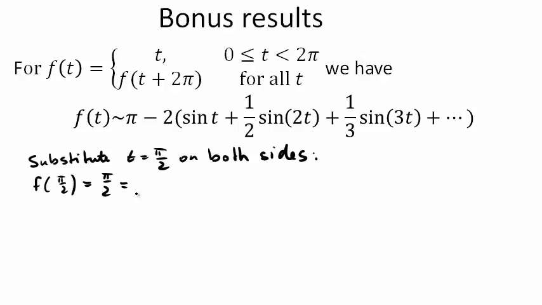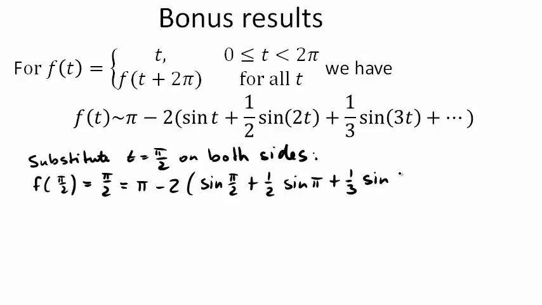So it has to be equal to pi minus 2 times sine pi on 2 plus a half sine pi plus a third sine 3 pi on 2 plus and so on.